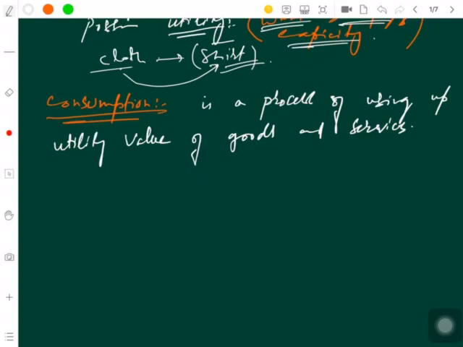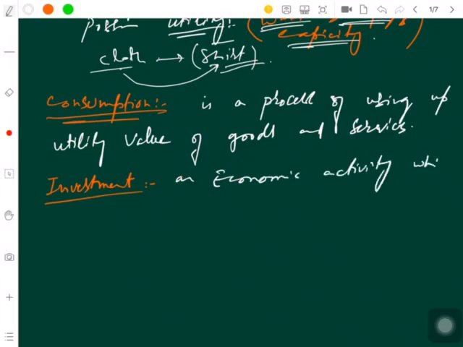Number three is investment. Unless and until investment takes place, nothing can happen. It is an economic activity which is concerned with production of capital.